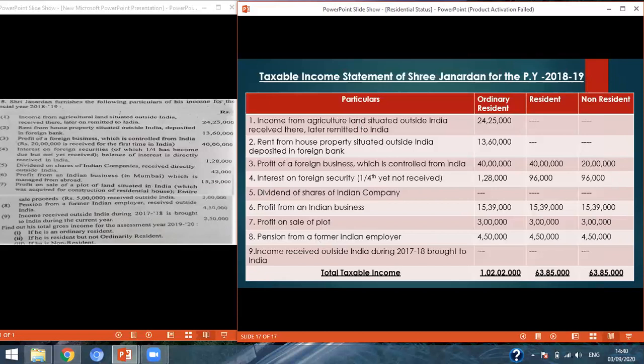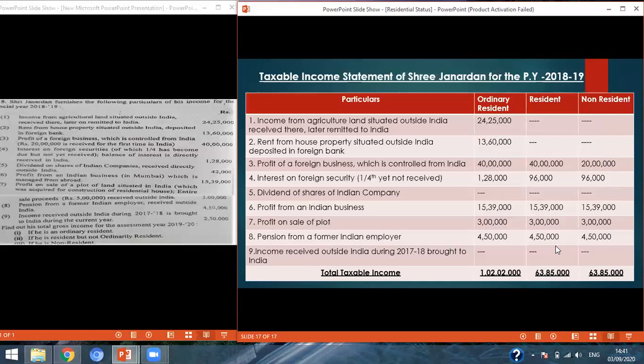Then the information is finished. So we have to do the total for each column, and that total will be our total taxable income. In the case of ordinary resident, this income is 1,02,02,000. For resident it is 63,85,000, and for non-resident also it is 63,85,000.